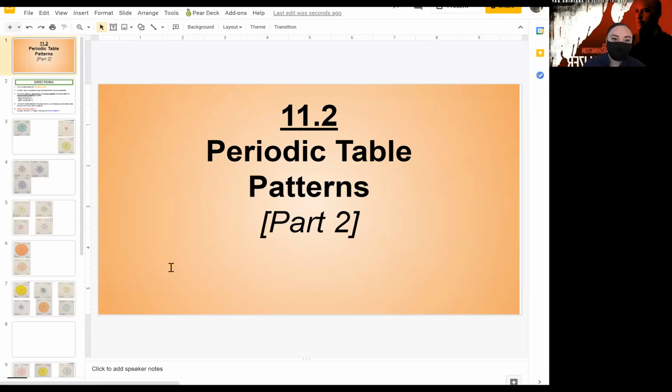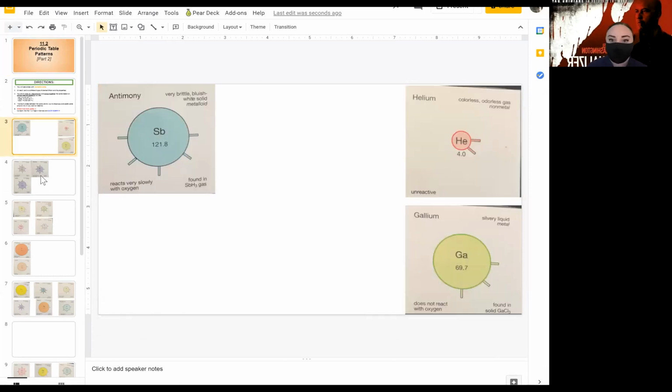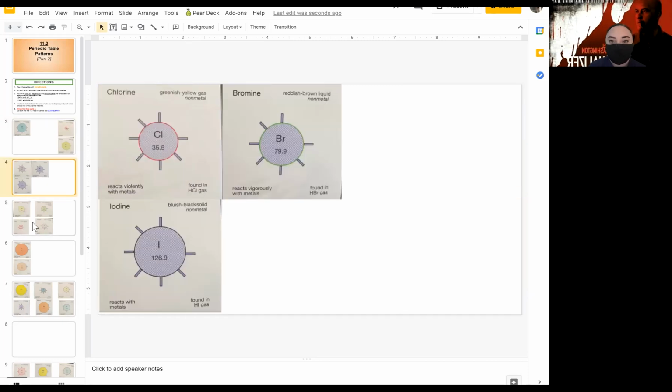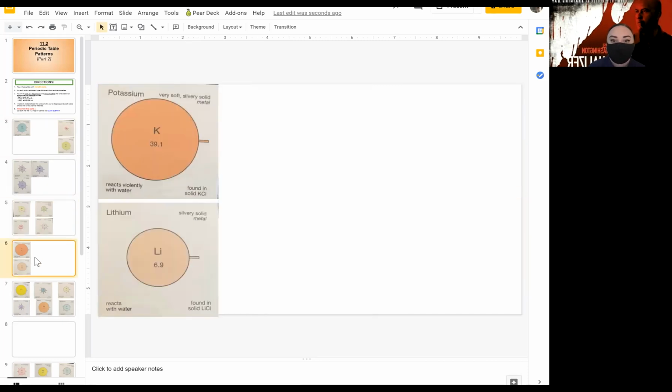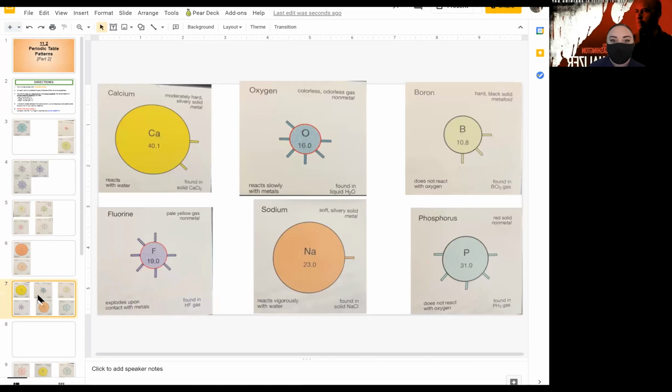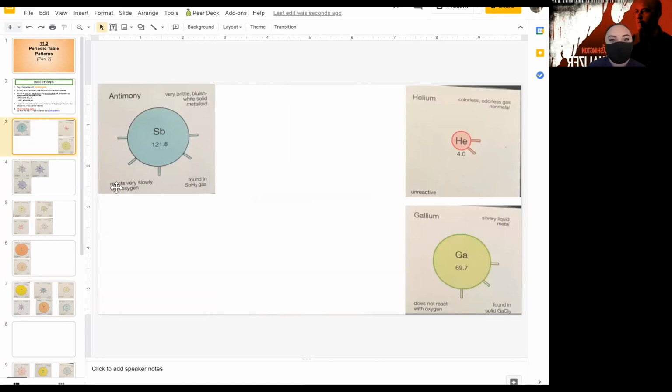So when I do my sorting, I'm first going to start by sorting them by color. So do any of the other cards here fit with antimony, SB? What other cards should I put here with SB antimony?